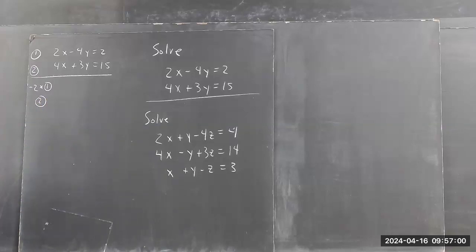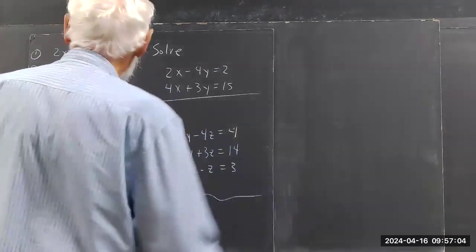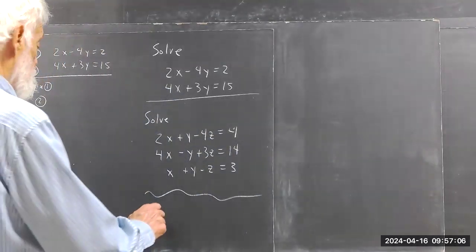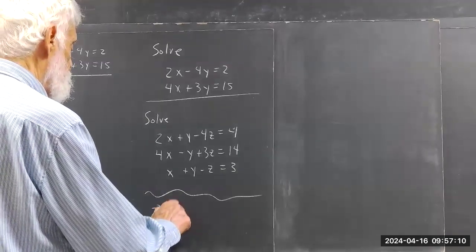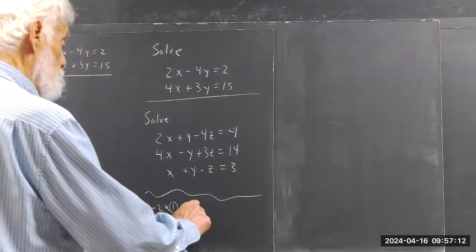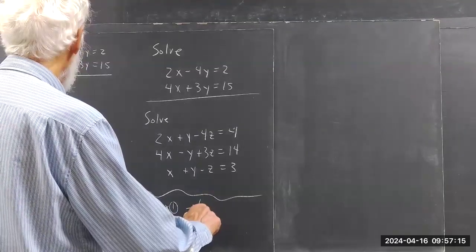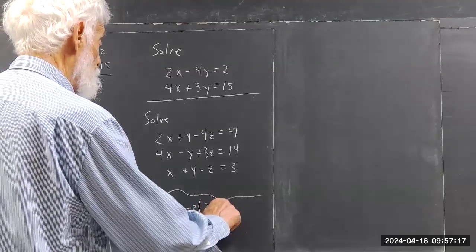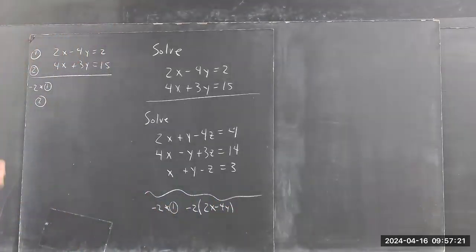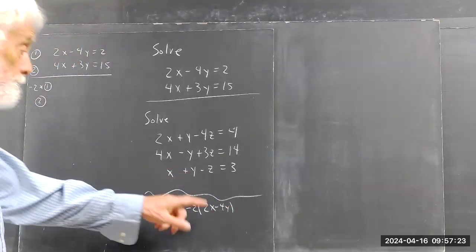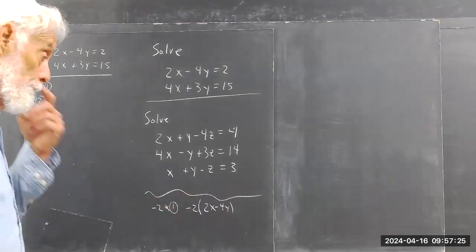Now, if we do that, I'm not going to always do this step. Right here, I'm going to multiply -2 times our equation 1, which would be -2 multiplied by 2x minus 4y. What I mean is we multiply both sides of the equation by -2, not just the 2x, everything.